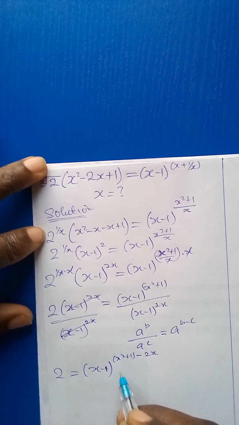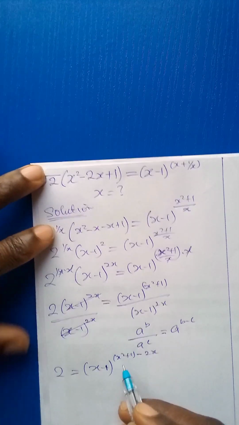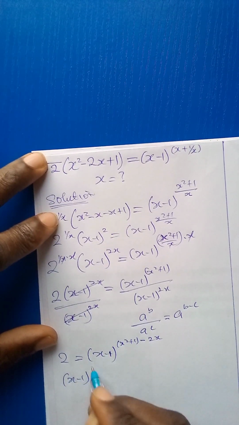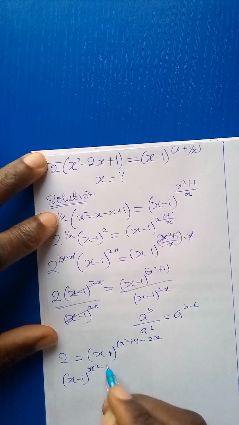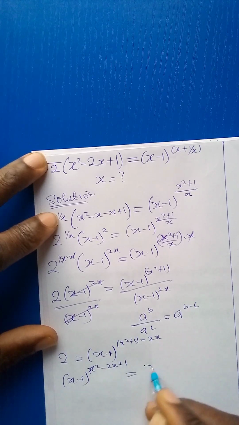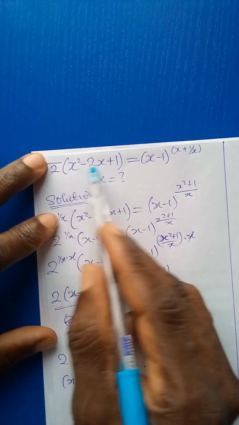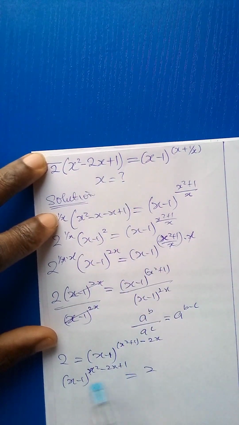Now let me open these brackets. Actually, I'm not supposed to put this in a bracket. So I have x minus 1 to the power x squared minus 2x plus 1 is equal to 2. This power is also the same thing as this, meaning I can factorize this into this.